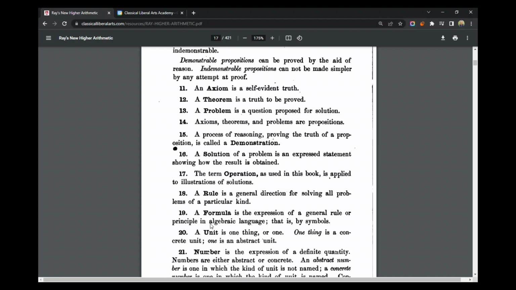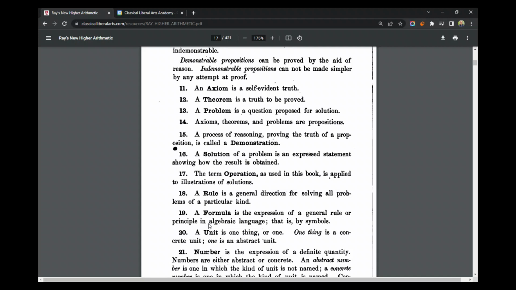So note the difference between a rule and a formula. A rule is a general direction for solving all problems of a particular kind. A formula is the expression of a rule in algebraic language, that is, by symbols.